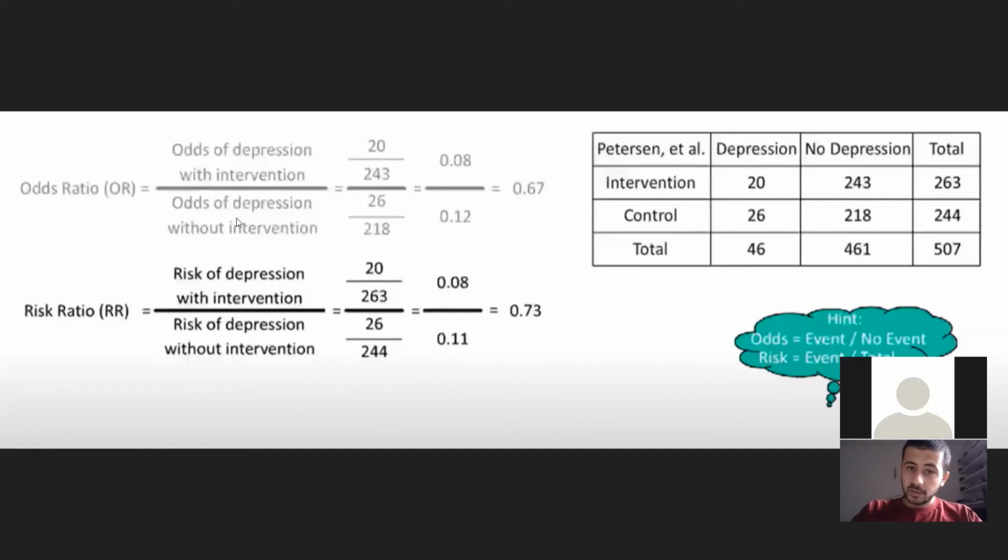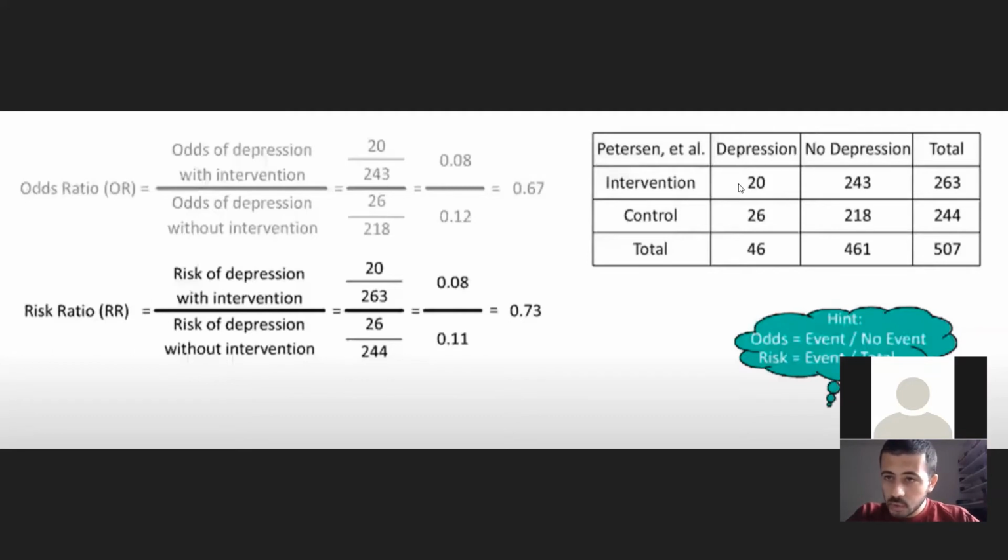But in the other way, when I'm talking about risk ratio or relative risk, I'm taking those with depression and dividing them by the total number of those with intervention. Why?